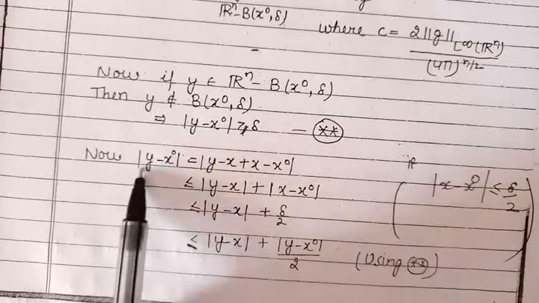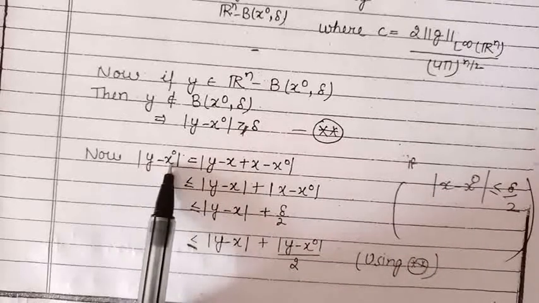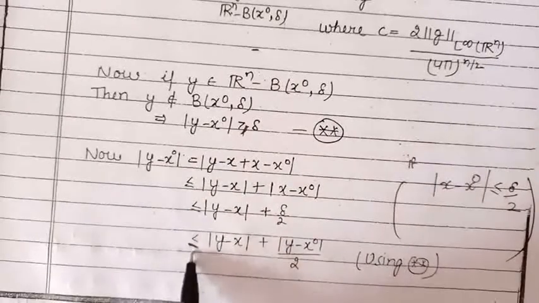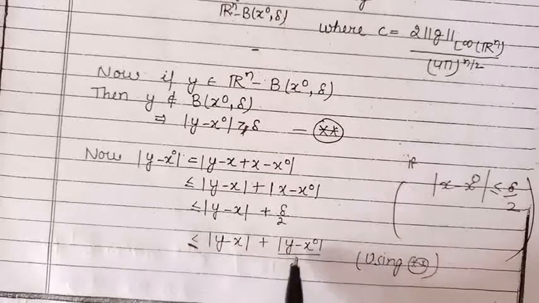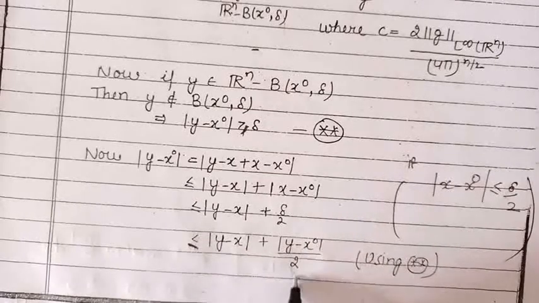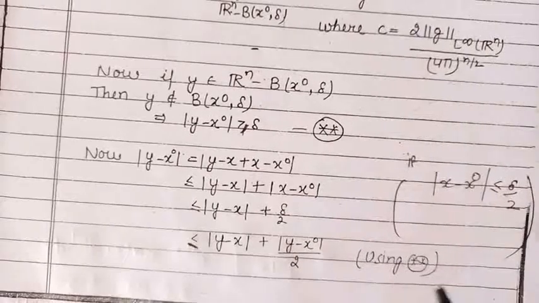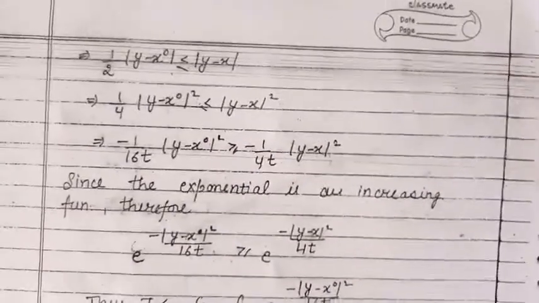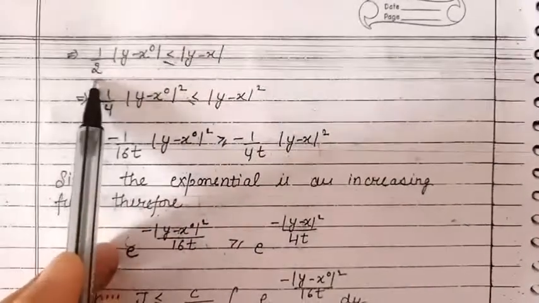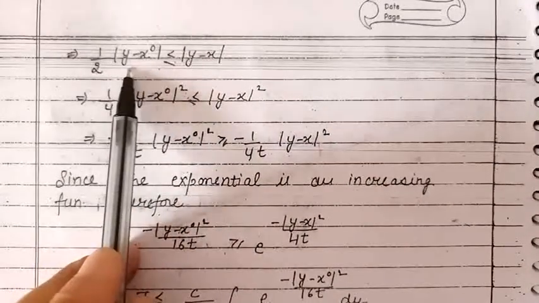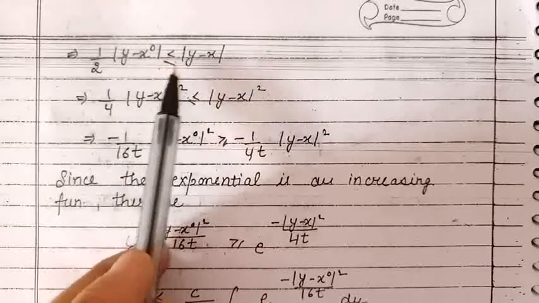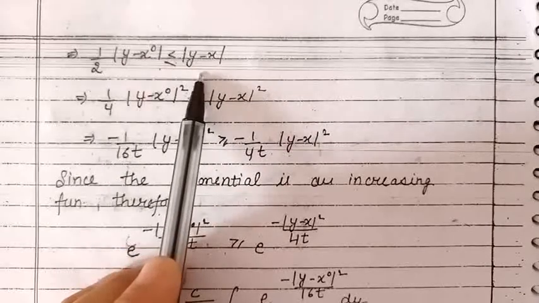So we get mod of y minus x naught will be less than or equal to mod y minus x plus mod y minus x naught by 2. Now from here we get half of mod of y minus x naught is less than or equal to mod y minus x.